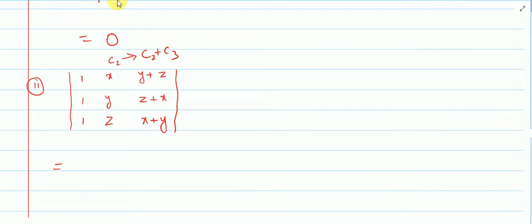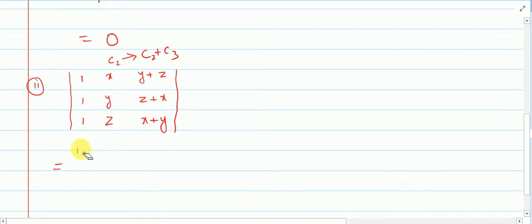So here if I operate C2 tends to C2 plus C3. So in that case you will see that here you will get x plus y plus z, here also x plus y plus z, here also x plus y plus z. So you are getting something common. Yes, so let us see.